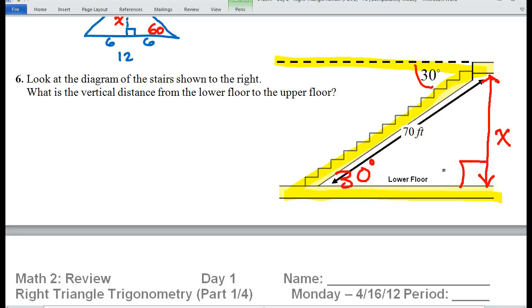Okay? So, look at the hypotenuse in our picture right here. How long is the hypotenuse of this? 70. If the hypotenuse is 70, what's going to be the short leg over here? 35. Okay? So that's the answer right there. 35 feet.